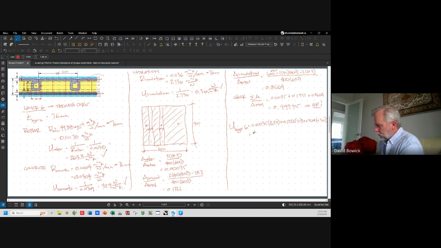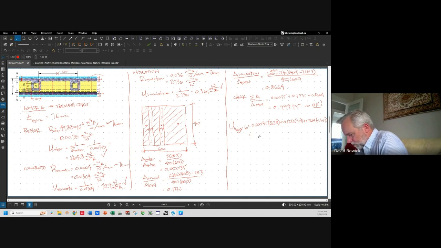0.00035, which is my percentage area of steel, times the U value of the steel, 263.8, plus 0.1332 times the U value of the concrete, which is 32.9, plus 0.8664, which is the percentage of insulation, times 0.365, which is the U value of the insulation.